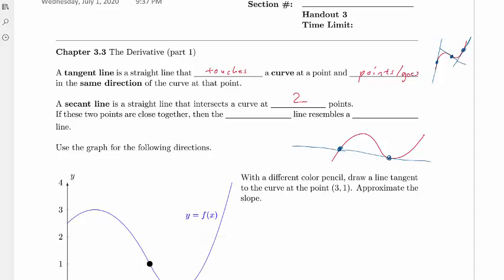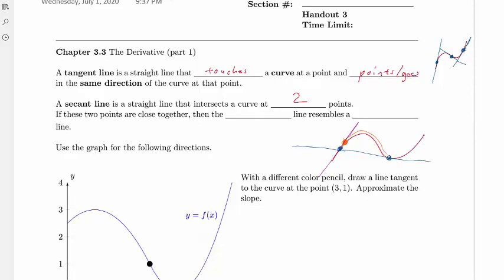Now, what happens if I take this second point here and start bringing it close in? If I start bringing it to where it slams in real close to the first point, well, what happens then is that we have a line that's starting to look an awful lot like a tangent line.